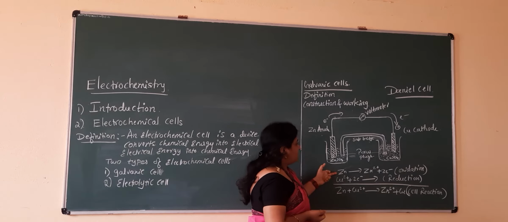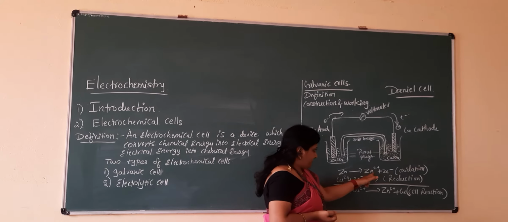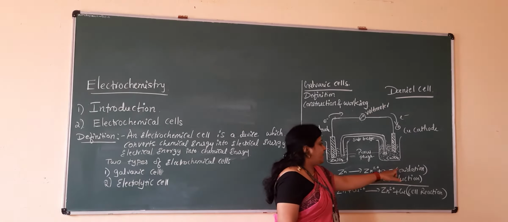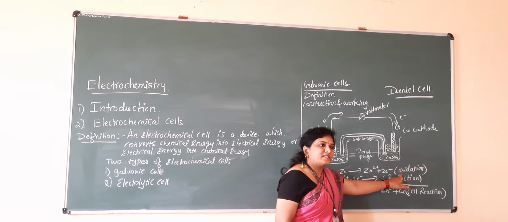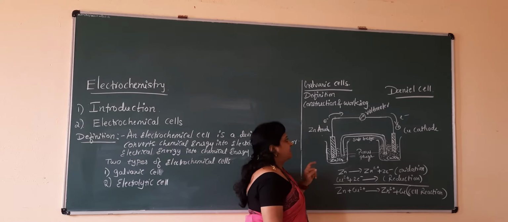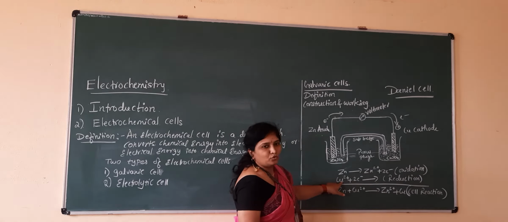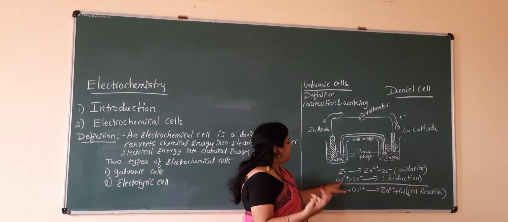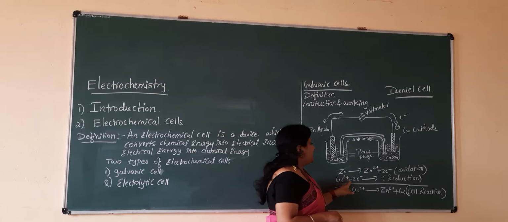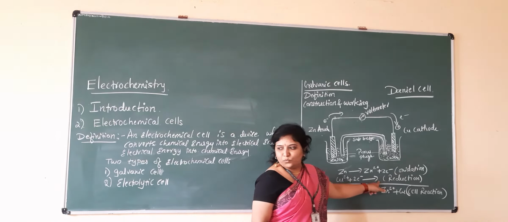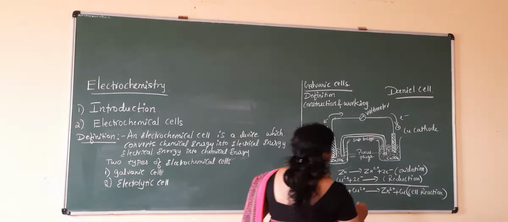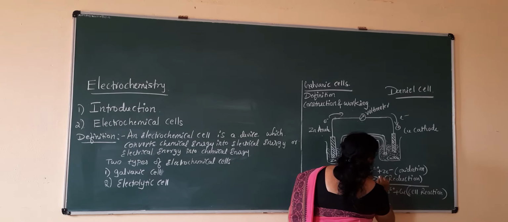Zinc converts into Zn2+ plus 2e-, that is, by liberating electrons, and that reaction we call an oxidation reaction. And on the other side, at the cathodic side, Cu2+ ions are there. They will gain those electrons, consume those electrons, and convert into Cu.